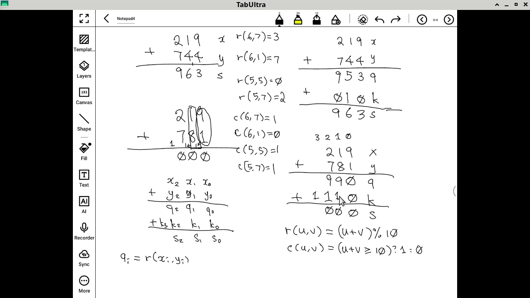And if I ask you what is S of I, that is R of qi, ki. And if I ask you what is k of I plus 1, it is c of xi, yi plus c of qi, ki.